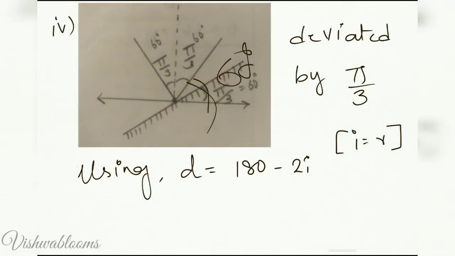Next, fourth question. A light ray strikes on a horizontal plane mirror and it gets deviated by pi by 3. You can see here I have drawn the image on the paper and kept it here. By what angle should the mirror be fitted so that the reflected ray becomes vertical?